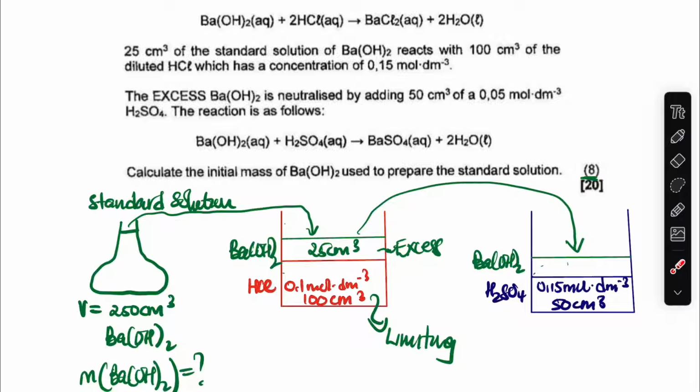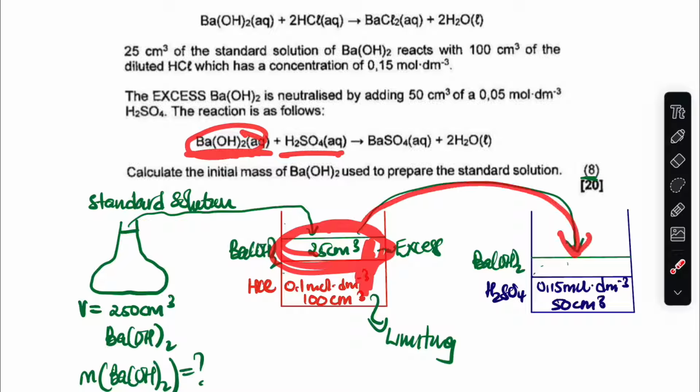And we still do not know the concentration of this, right? But what we know is that it's an excess that is taken there. It's what remained there, and we do not even know the amount that remained that we added to the sulfuric acid with that concentration. So here's the reaction for that. The reaction of the barium hydroxide and the sulfuric acid, where this barium hydroxide is an excess. It's what remained here. It's the remainder. When these two reacted, the HCl and the barium hydroxide, the remainder we've taken to that beaker and we react with that.